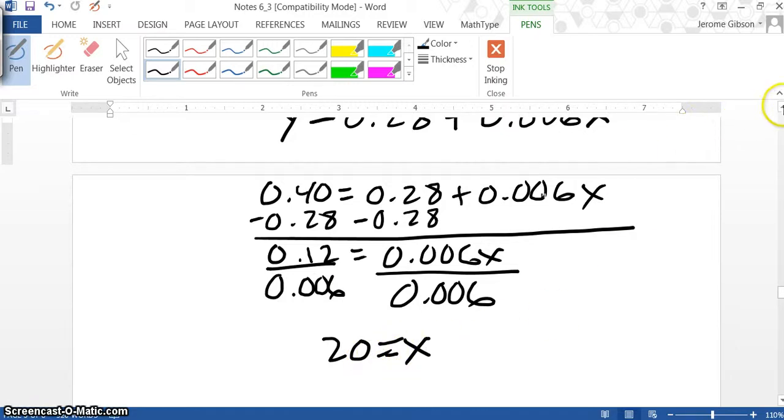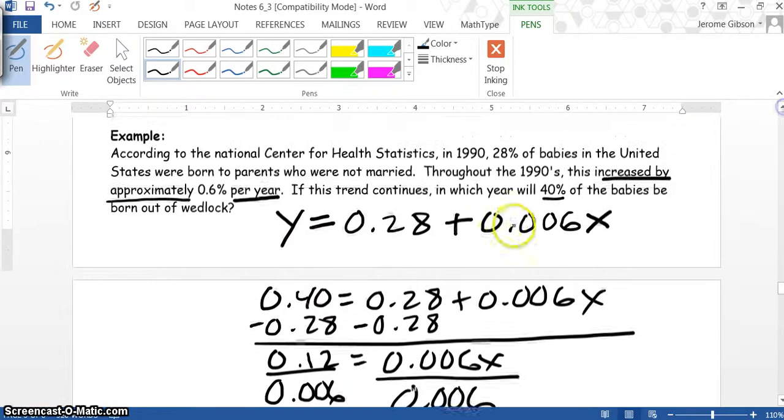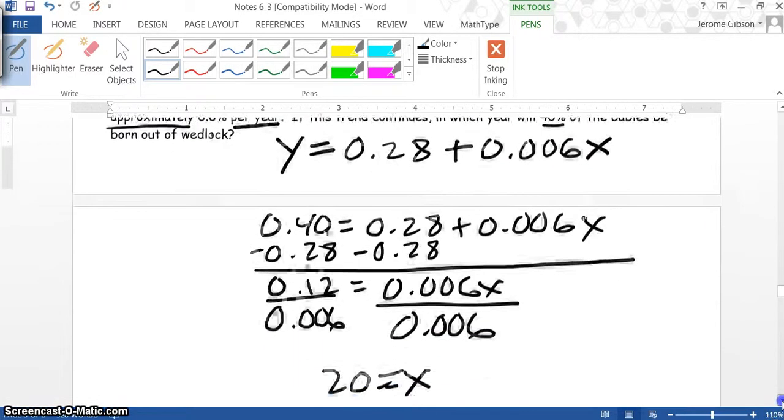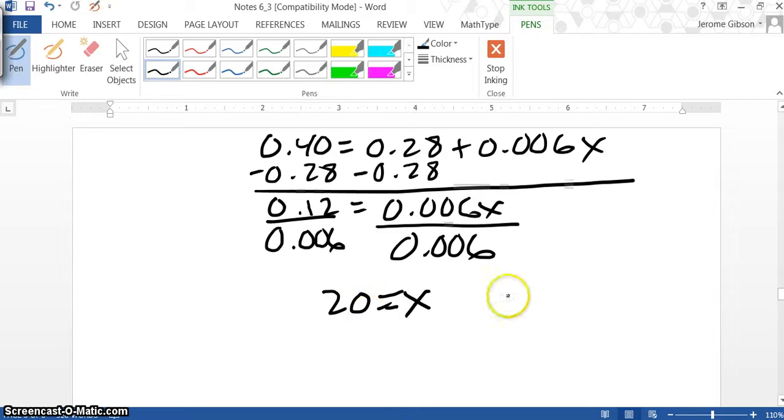Now remember, going back here, let me re-explain this. With x, I said x would be the years, but x is supposed to be the years since 1990, because that's the year we started with. So what we need to do with this answer here is add 20 to 1990. So it'll be 1990 plus 20. So the year would be 2010.